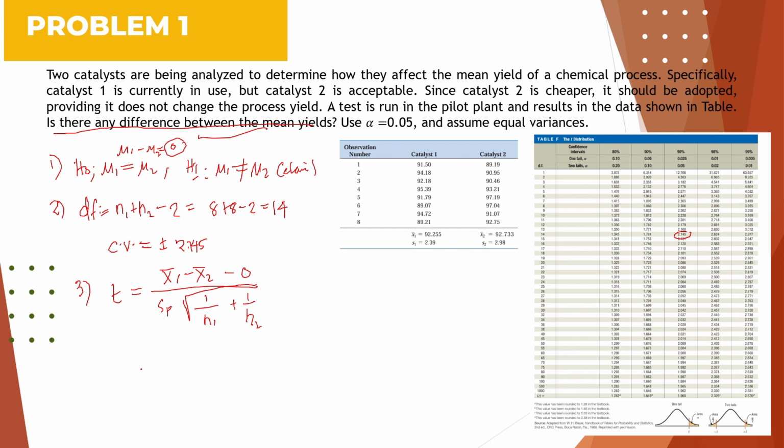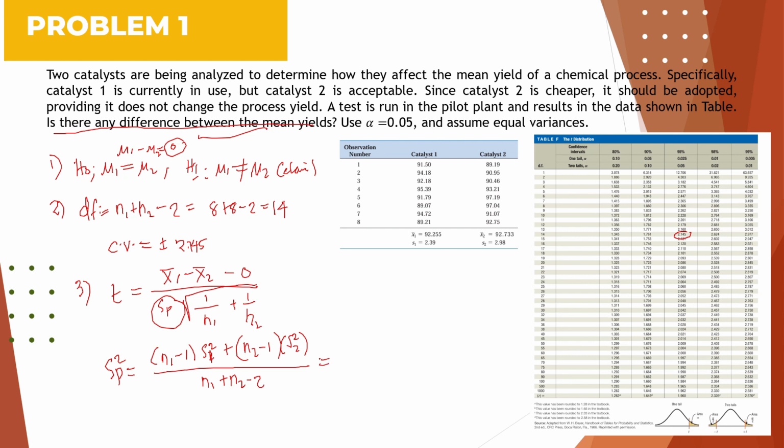So we have to compute first the pooled variance. Our pooled variance is s squared equals n1 minus 1 times variance 1 plus n2 minus 1 times variance 2, over n1 plus n2 minus 2.